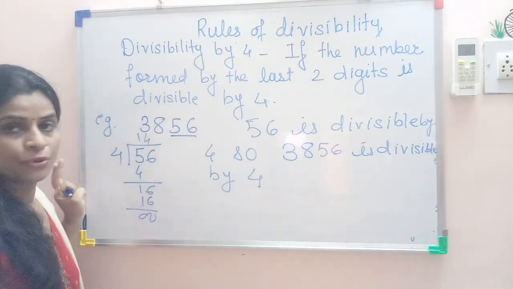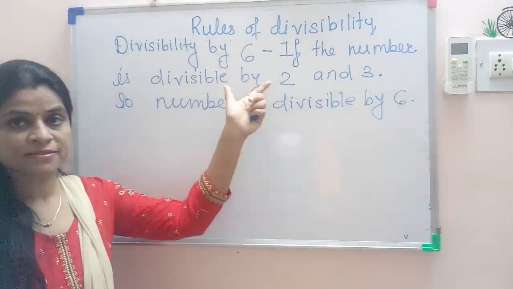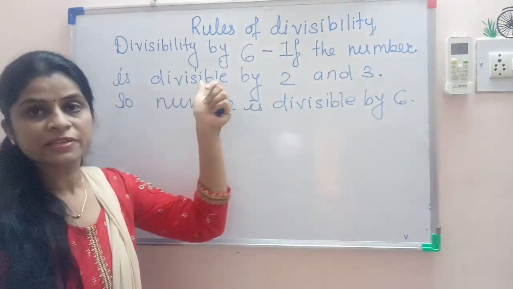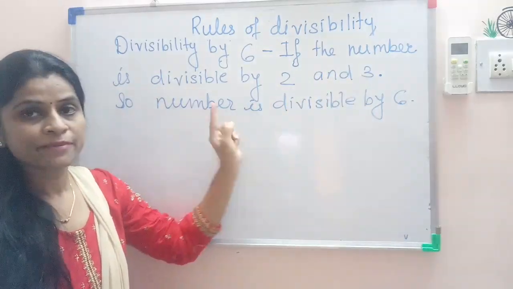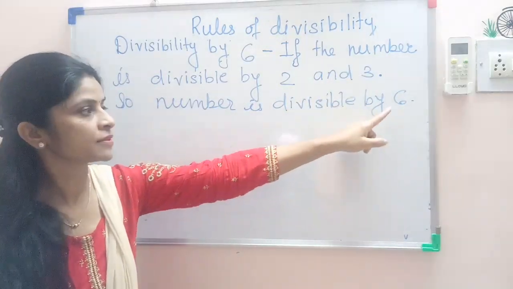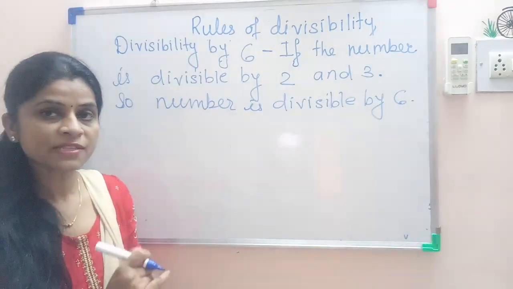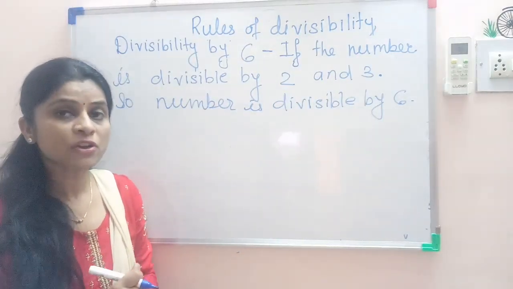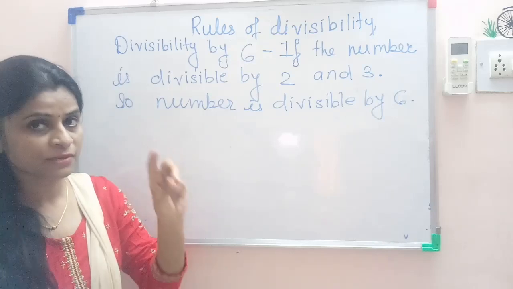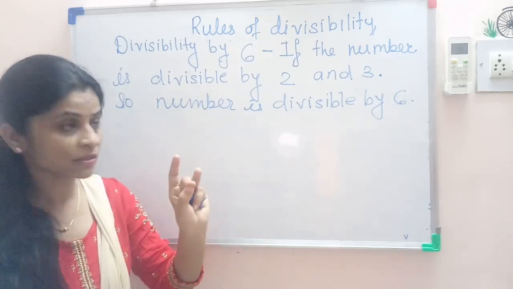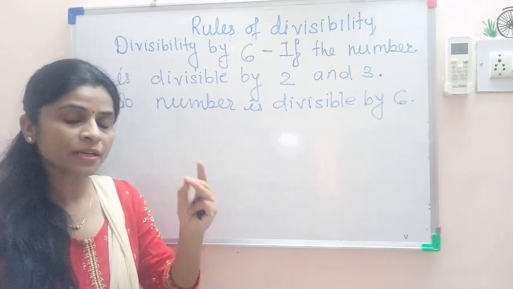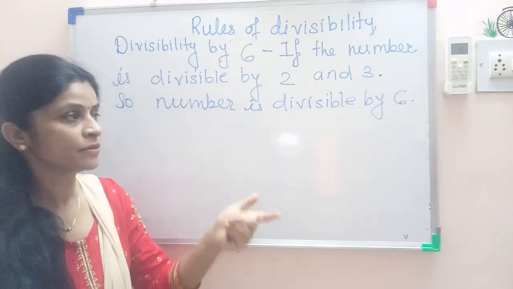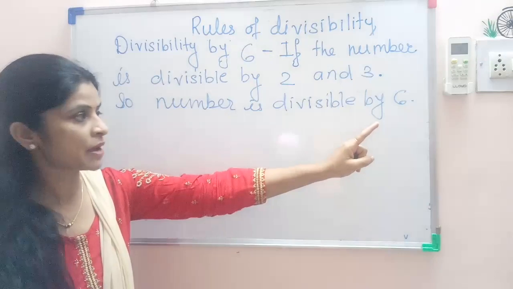Divisibility by 6. If the number is divisible by 2 and 3, then the given number is divisible by 6. In the divisibility of 6, first of all you have to see that the given number is divisible by 2. After that, if it is divisible by 3, that means if it is divisible by 2 and 3, the given number is divisible by 6.